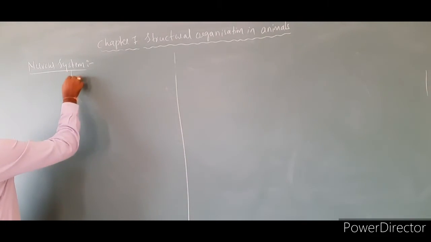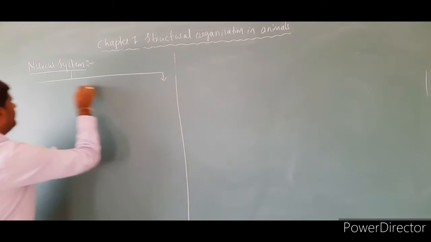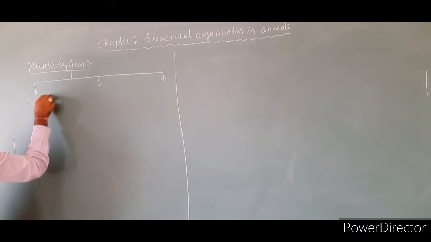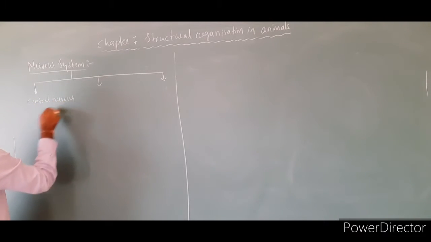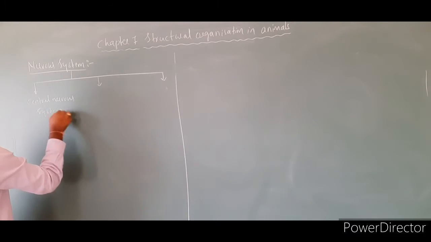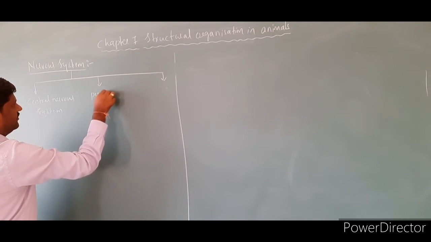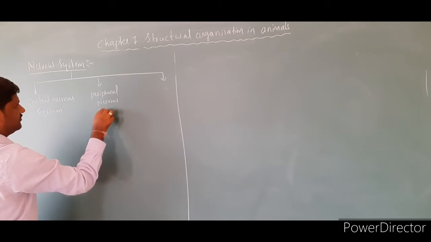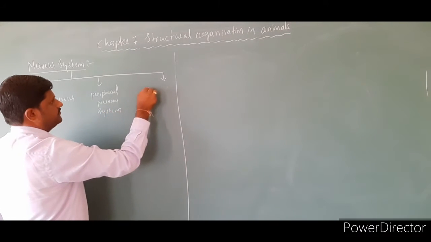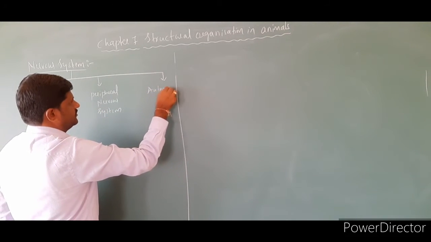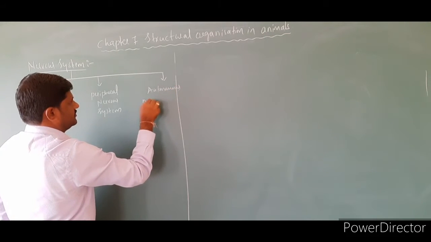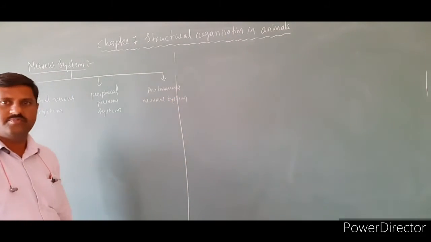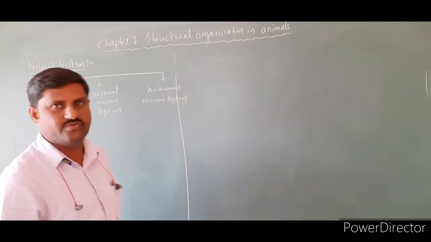The nervous system is classified into 3 major sections: one is the central nervous system, second is the peripheral nervous system, and in the same way, the autonomous nervous system. So like this, there are 3 major systems that we come across over here.